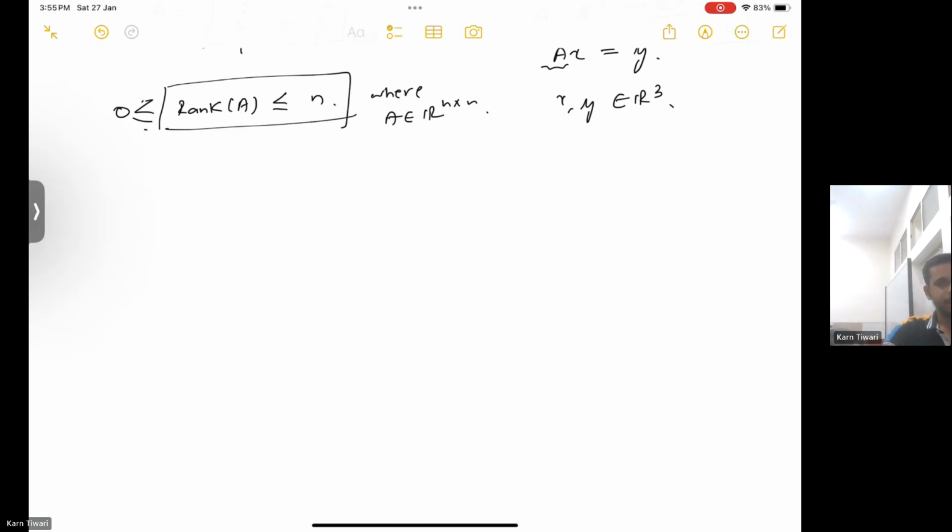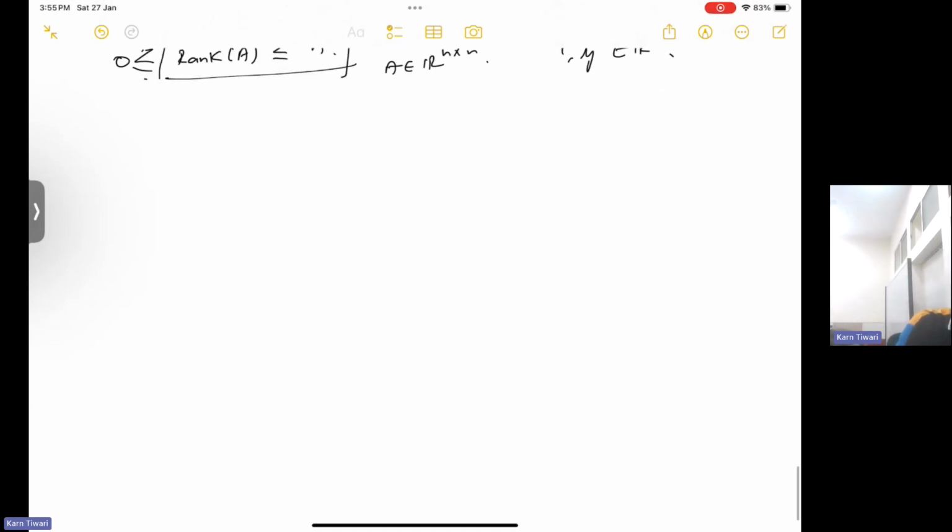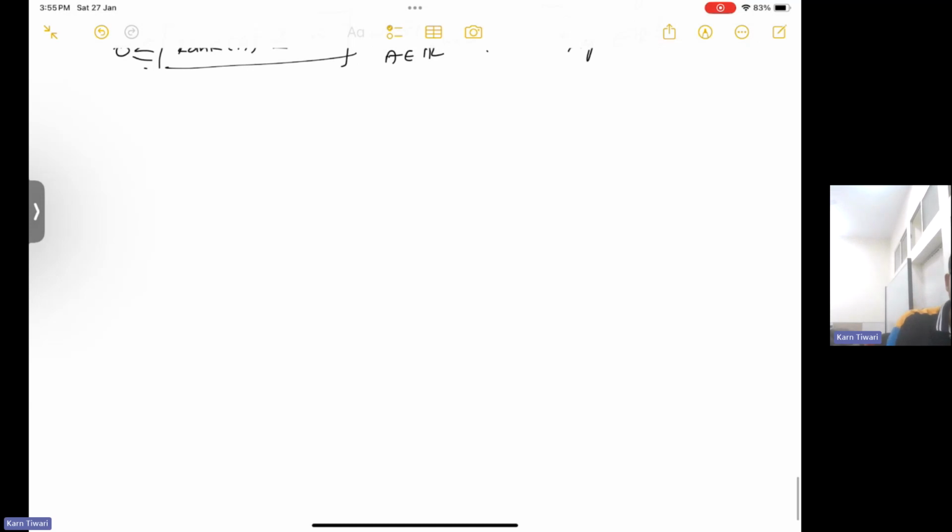So can anyone tell me how we can proceed with this question? Okay, so let's solve it. There are a lot of ways in which you can solve this question, but one simple way is to do the reduced row echelon form.